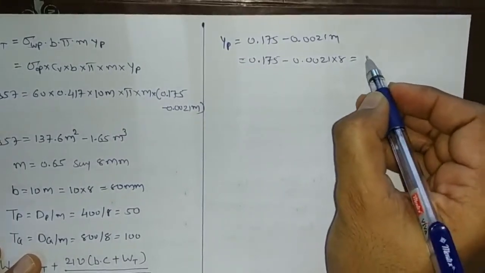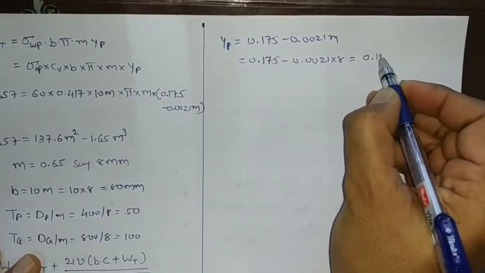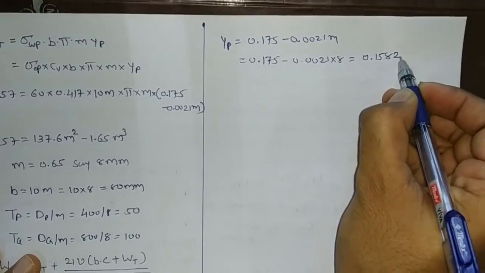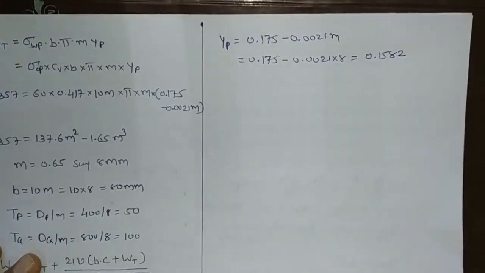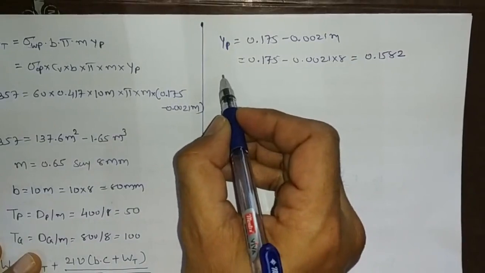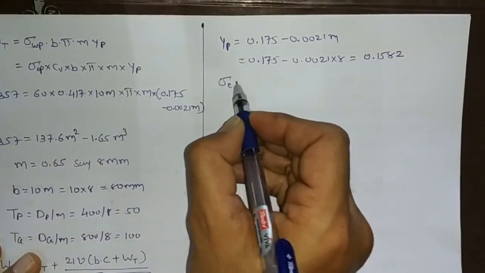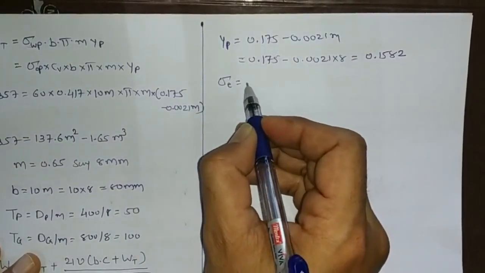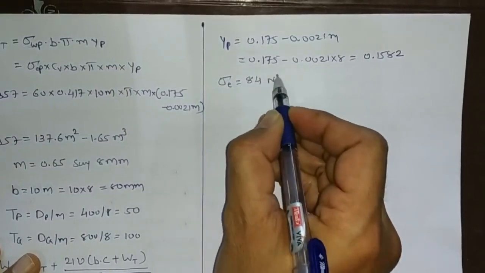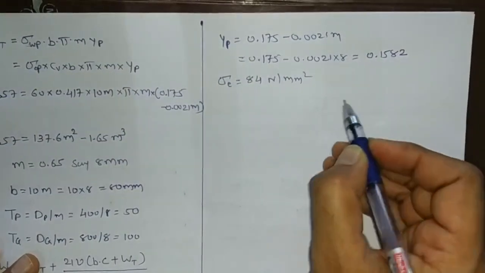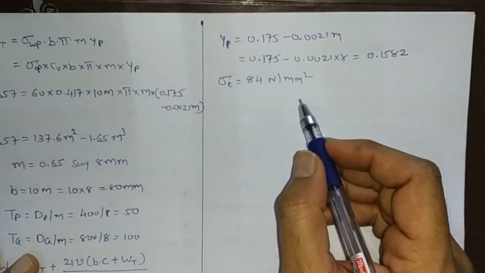The value of YP is equal to 0.1582. Now from the design data book, we find that the flexural endurance limit sigma E for cast iron is equal to 84 Newton per mm square.